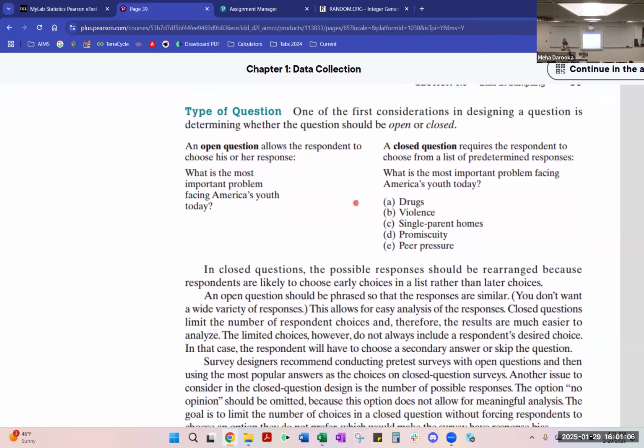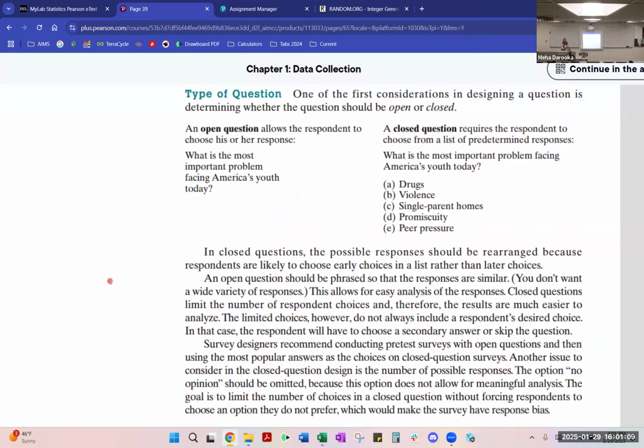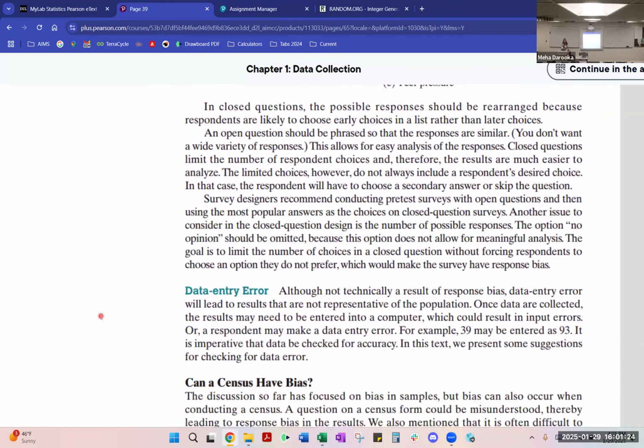So in closed questions, how you order those five options can make a difference. And leaving other things out may also create a bias, because now you have said these are the only five things we're focusing on. Anything outside of that is not of consequence. So that can make a difference.